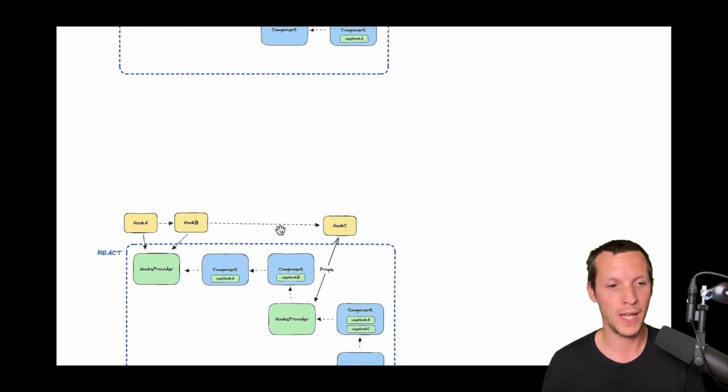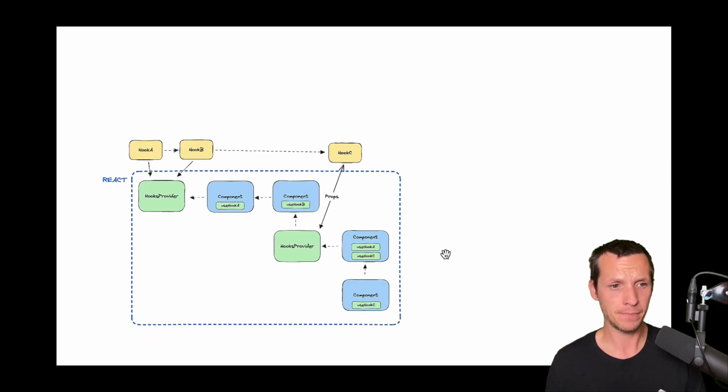But when you get to a certain level of complexity, you want to be more explicit about how you expose these hooks. So what you would typically do is create your own hooks provider at the top of your application, where you expose certain so-called global hooks. But then when you mount a page, you will use a hooks provider specific for that page, exposing hooks designed for that page.